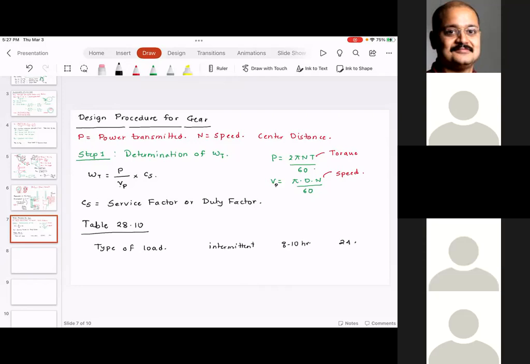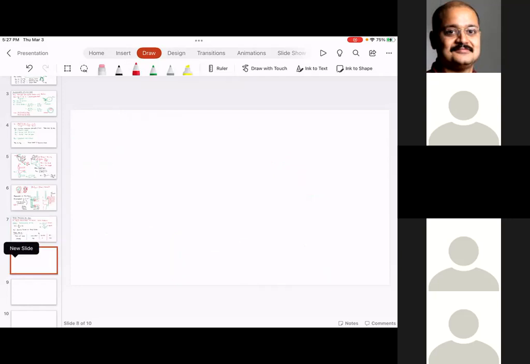So for an example, steady load, it's 0.8, the service factor CS. For 8 to 10 hours, it's 1. For continuous, it's 1.25. So everyone, please look at the Table 28.10. Then step 2, we have to use the equation for the beam strength.